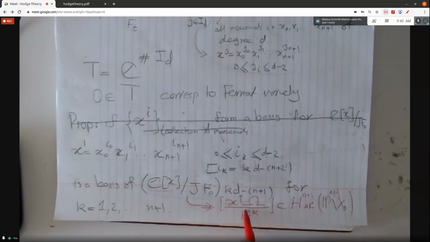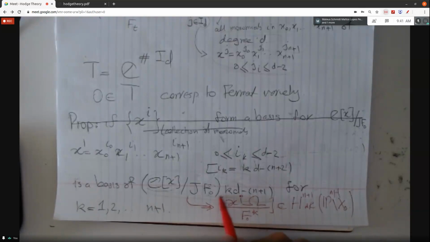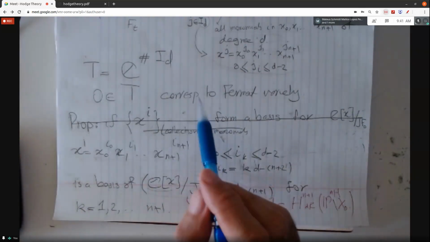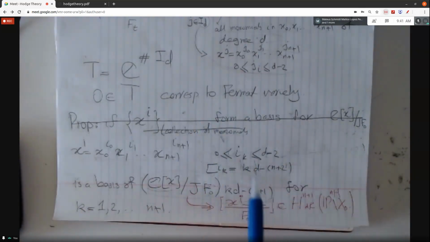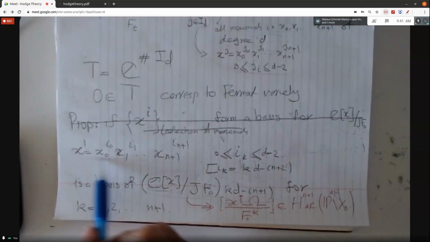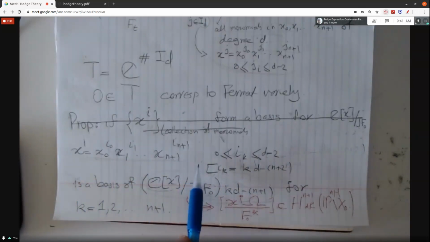For the construction of the elements of the cohomology of this complement, which is basically the cohomology of x0, we start with fixing this monomial. Anyway, what I want to do is take sections of the cohomology bundle.